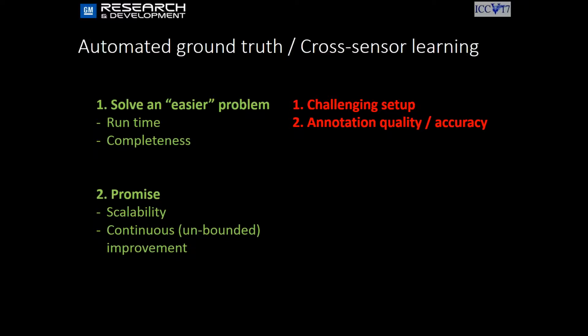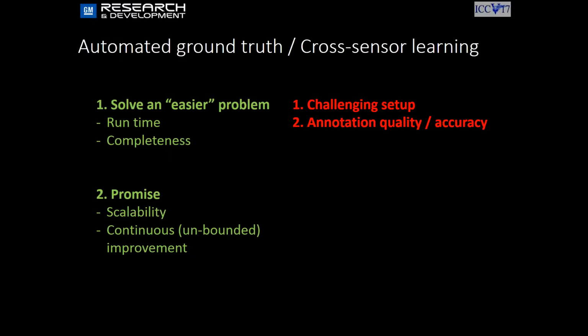So in contrast to perception, we do not need to be complete for our data set. And the promise is, of course, scalability, so you can just collect as much data as you want, and you get the annotation for free.